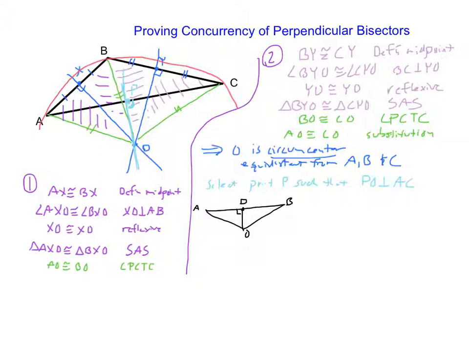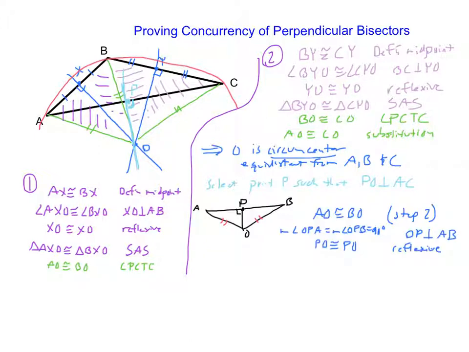It's perpendicular, and we know that AO is congruent to BO. So what I get is that these two lines are congruent, these two lines are congruent. I have the 90-degree angle in there because of how I selected it, and that's on both sides. And this side here, PO, that's shared between the two of them.